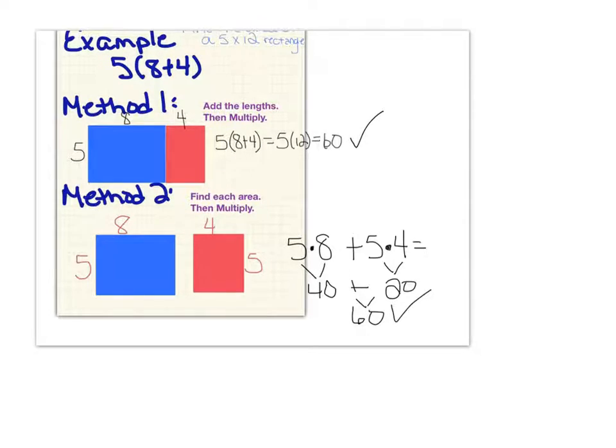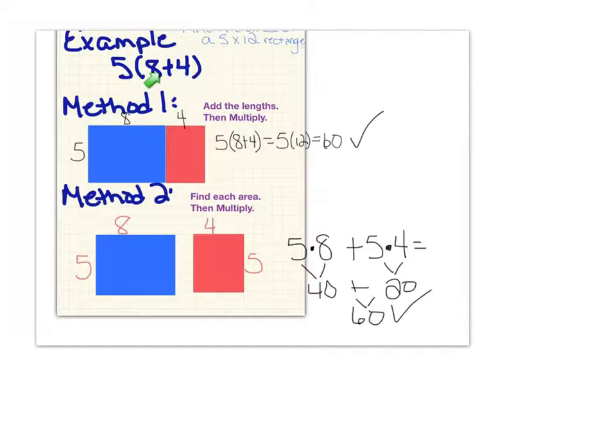So you can see that we can use many different ways to find the same exact answer. What we were looking for originally was the area of a 5 by 12 rectangle. We could have just multiplied 5 times 12, and that would give us our answer of 60. Or, what you can see happen down here is that we took the 5, which is the width of the rectangle, and we multiplied it times the 2 numbers that compose the length.